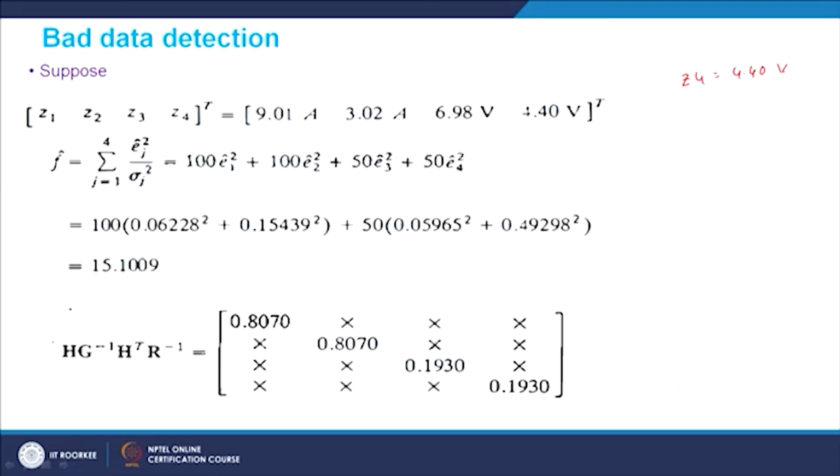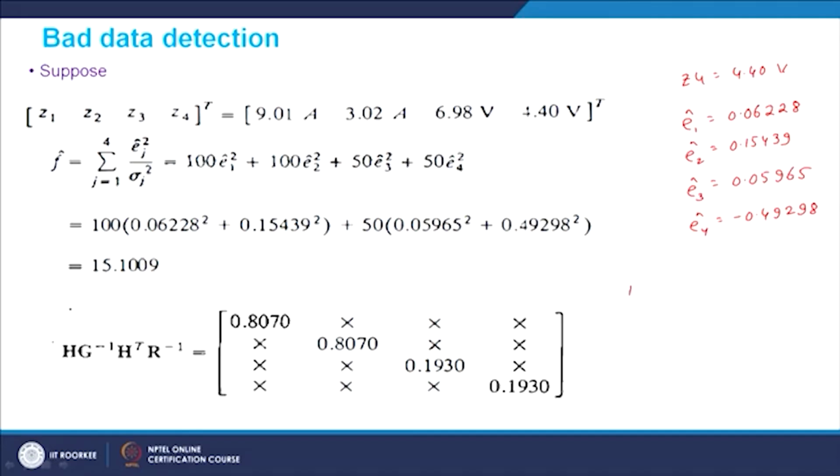For this we have also shown that the estimated errors were E1 hat is 0.06228, then E2 hat is 0.15439, E3 hat is 0.05965 and E4 hat is minus 0.49298.